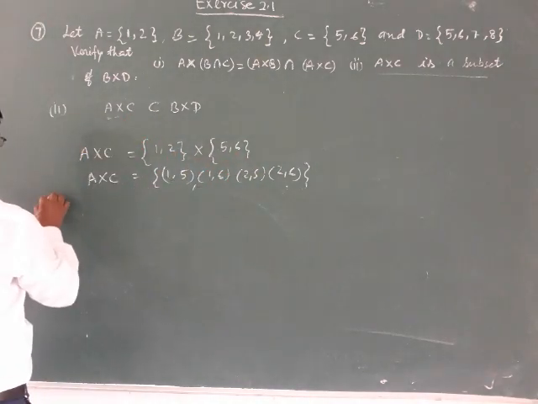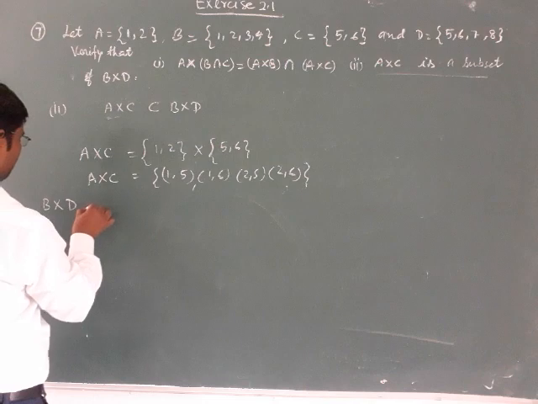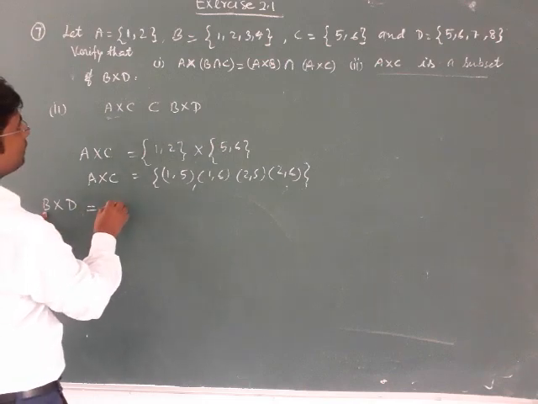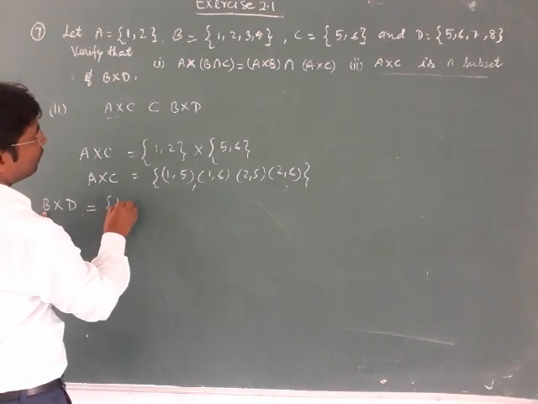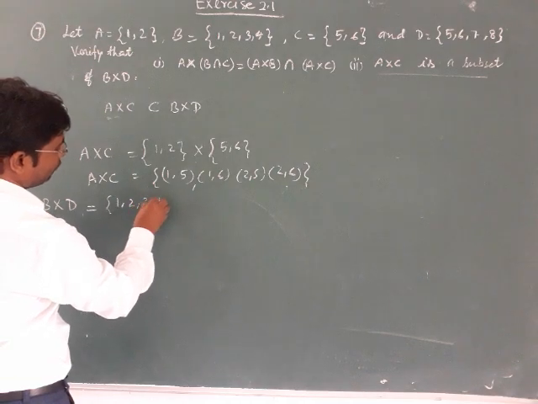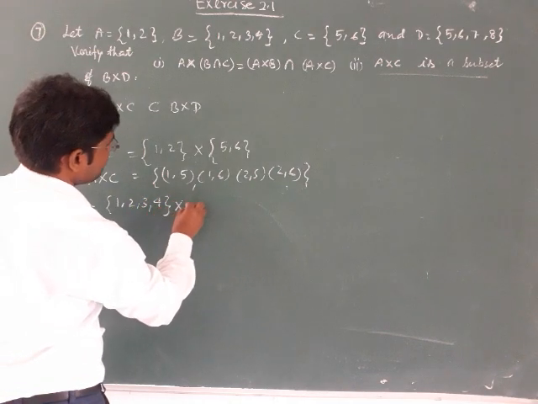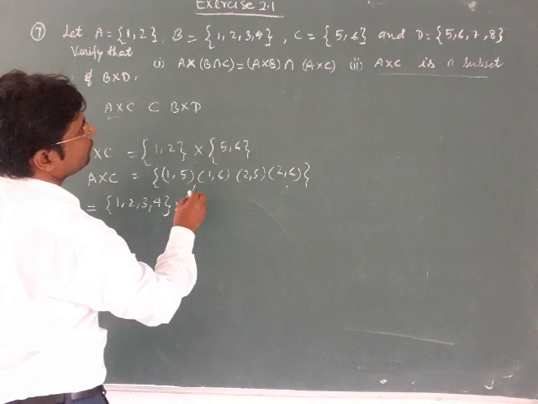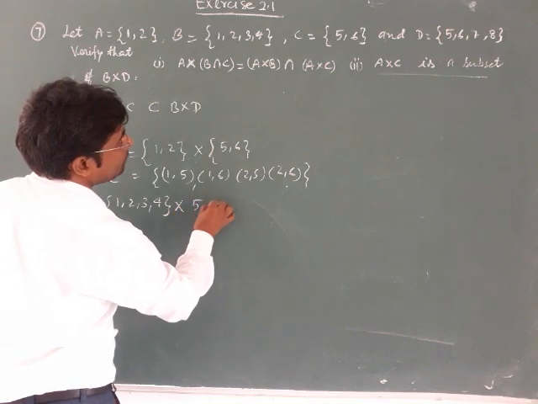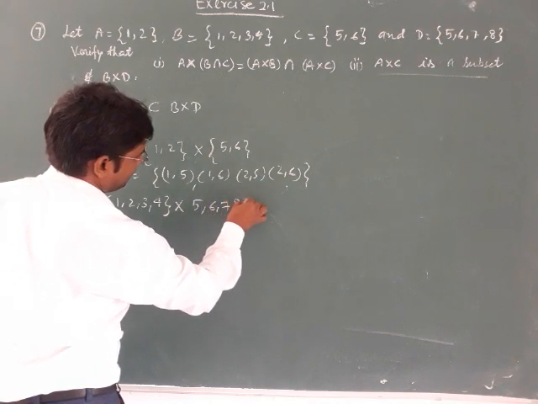Also find B cross D, where B has elements 1, 2, 3, 4 and D has elements 5, 6, 7, 8.